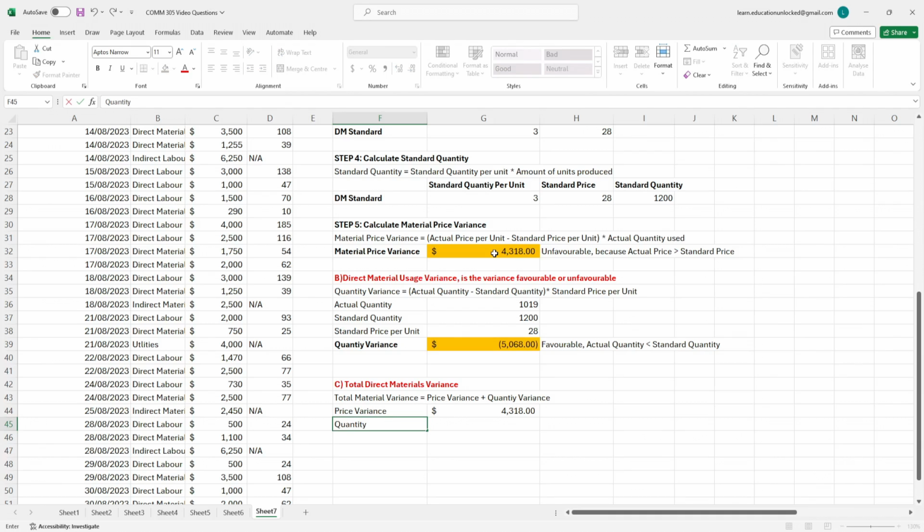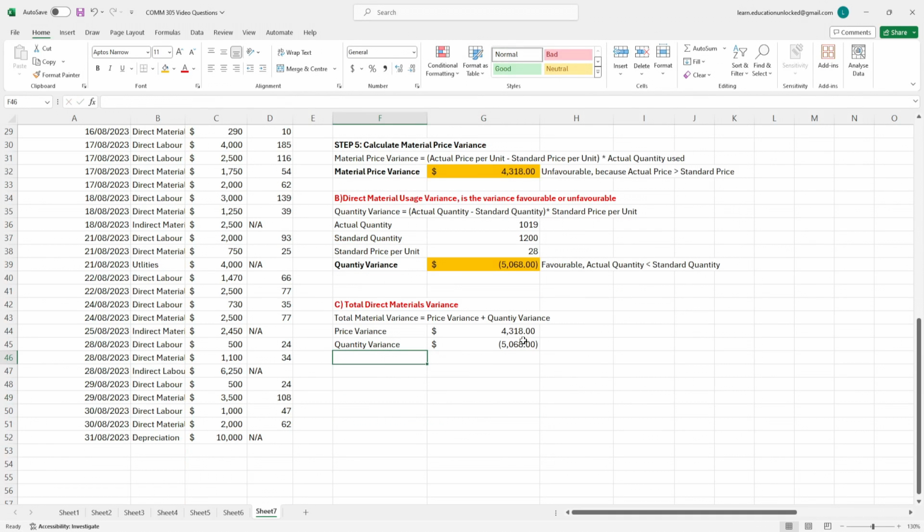Our quantity variance is what we just calculated. And then our total material variance is equal to price plus quantity. So 750. And this is also favorable because it's negative. All right, so that's our answer for C.